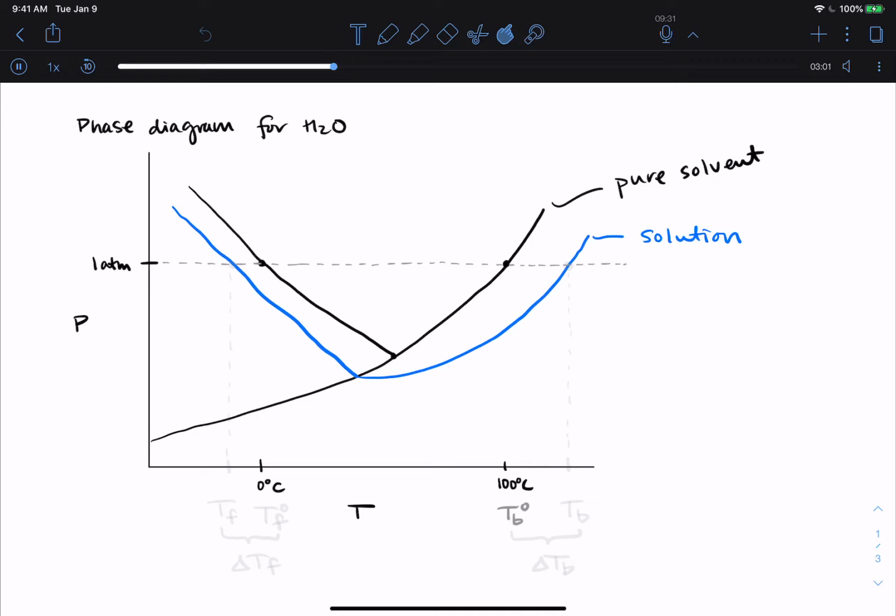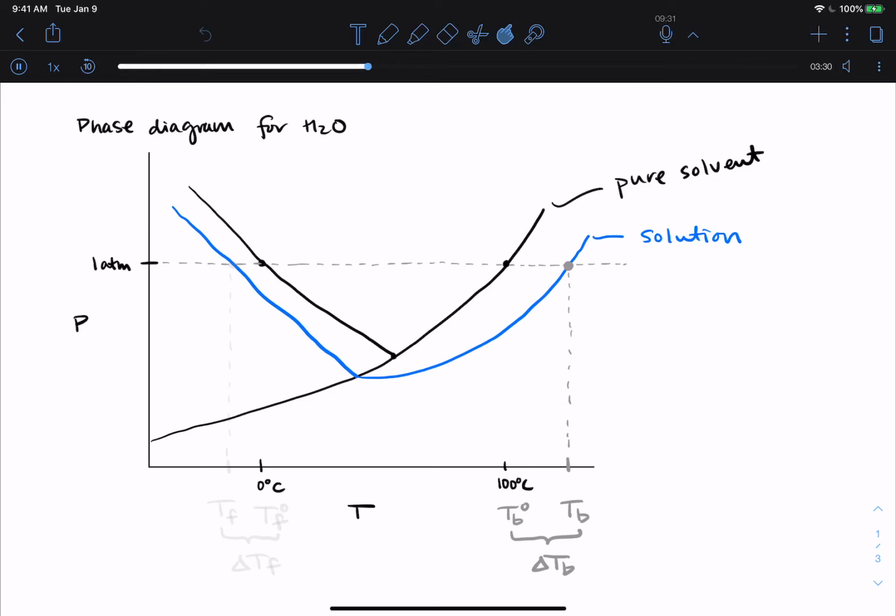But if we look at where our solution line hits 1 atmosphere, and we drop this down to the temperature axis, this is the boiling temperature of the solution. Our delta T_B, I'm going to mark on here because this is technically what we're going to end up calculating. The new boiling temperature is at a higher temperature.